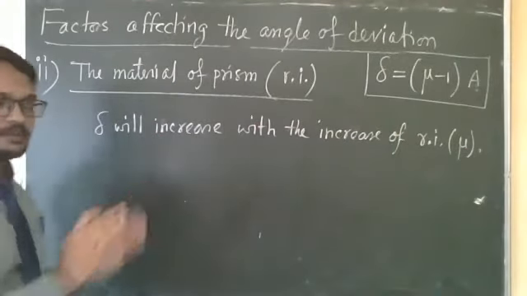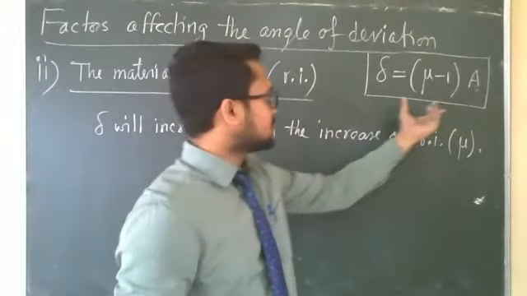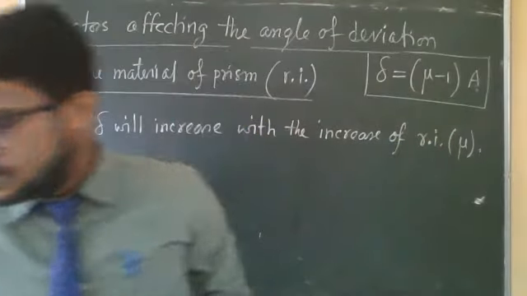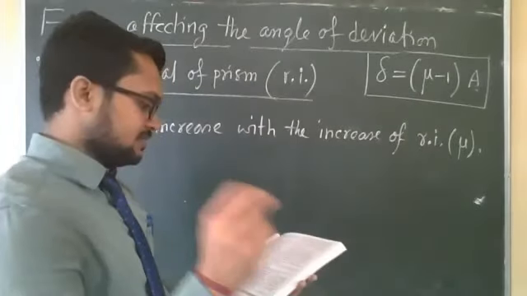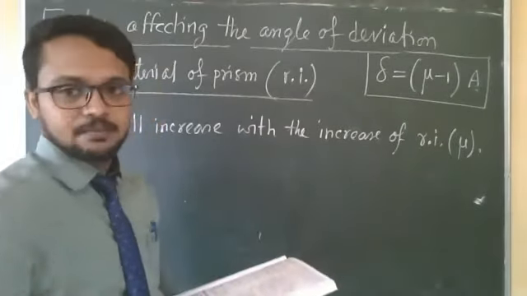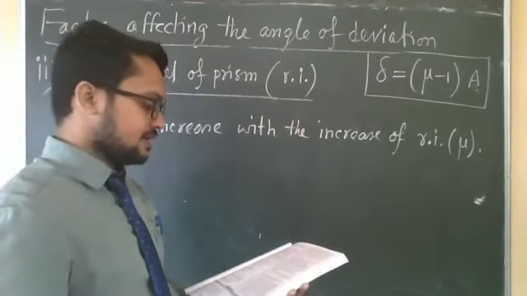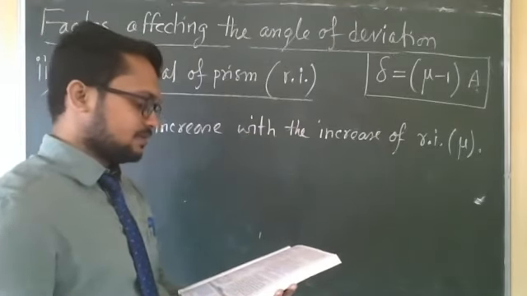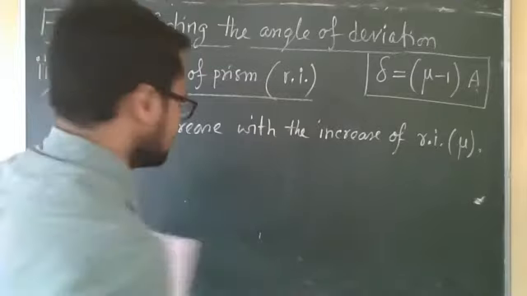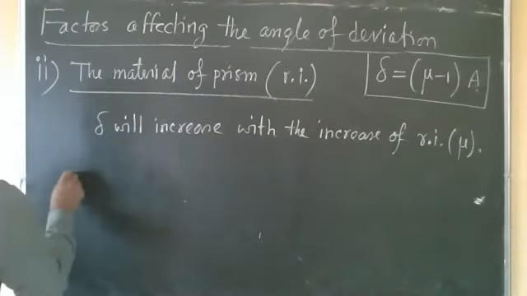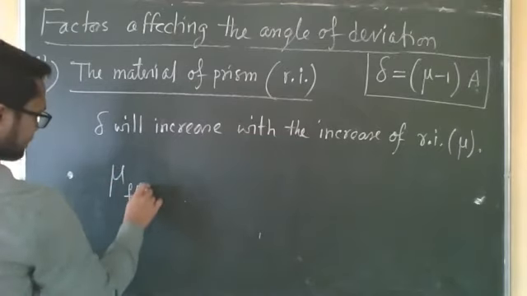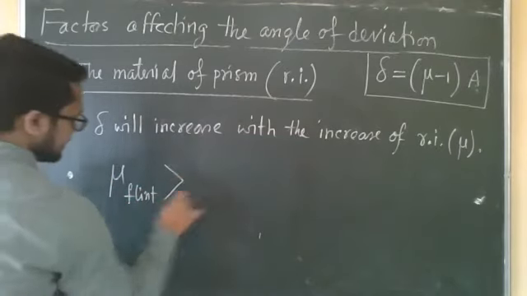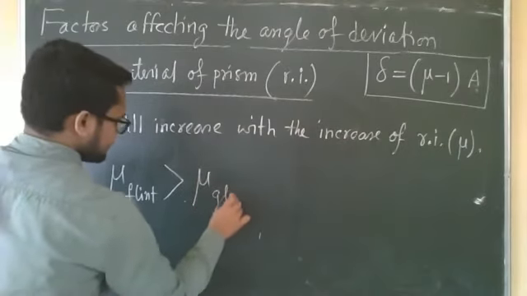Okay, no need to remember more. In your book there is one sentence at the end of the second point: a flint glass prism produces more deviation than a crown glass prism. So suppose a question is given in this way, that mu flint is greater than mu glass.